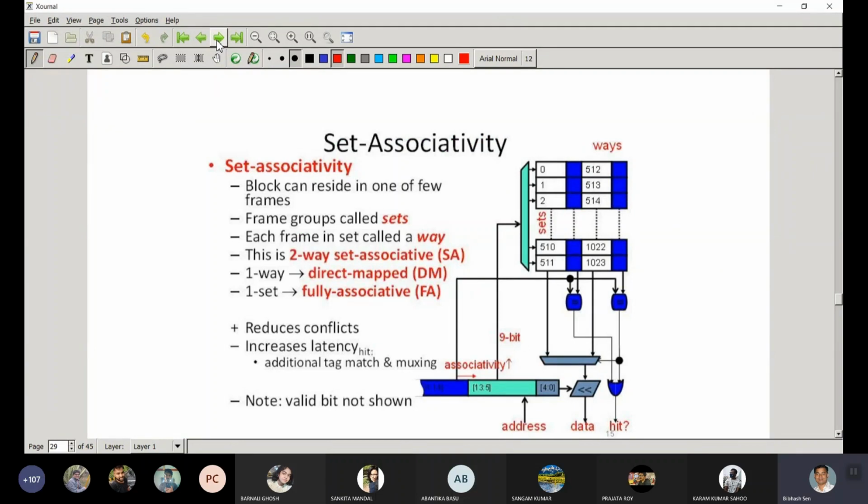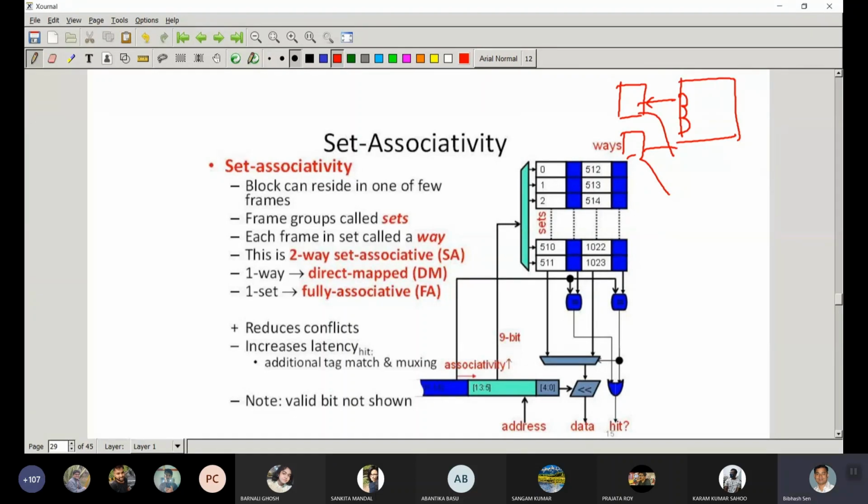Now in set associative memory, I will use a multiplexer to choose the particular set, but within the set, I will use comparators.